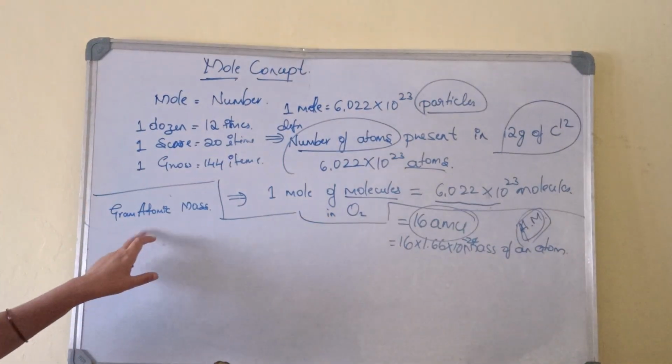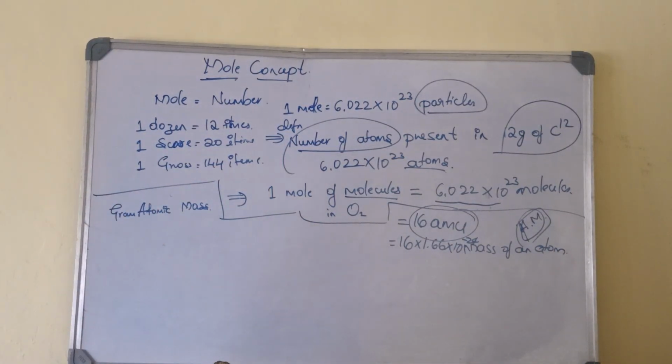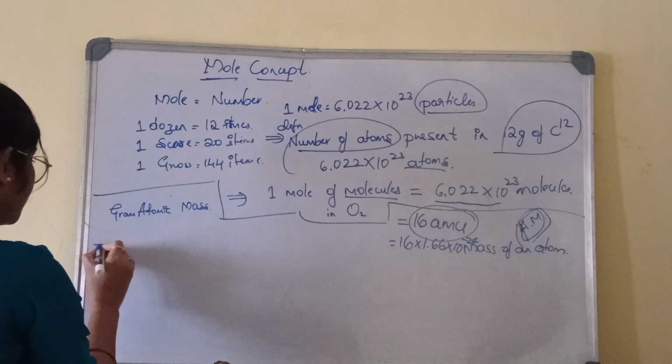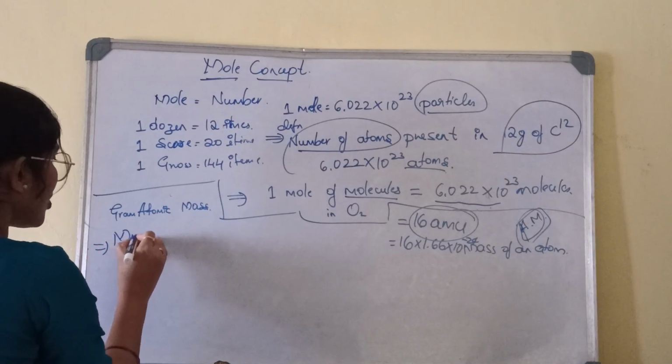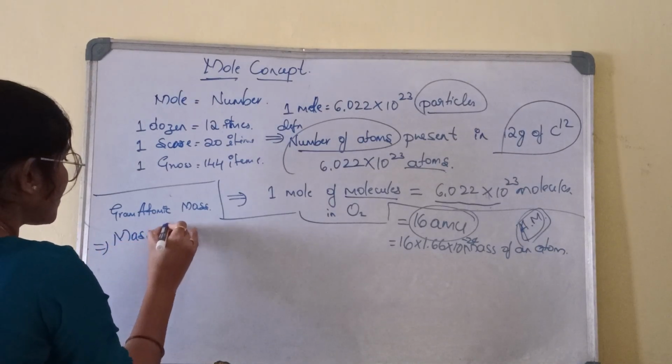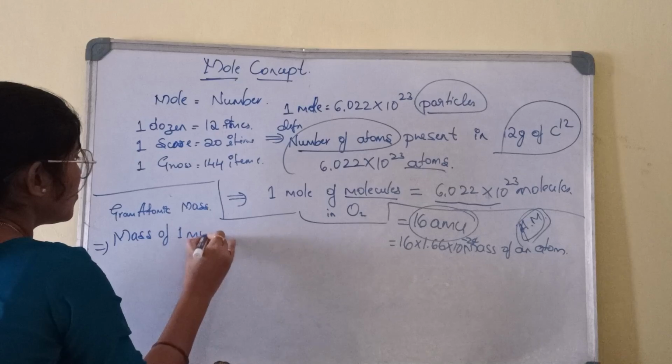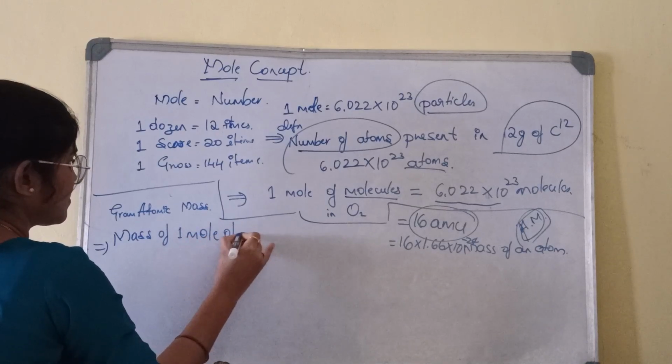Then what is gram atomic mass? It is the mass of 1 mole of atoms.